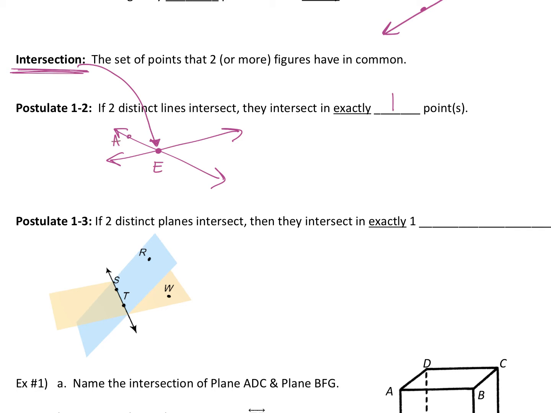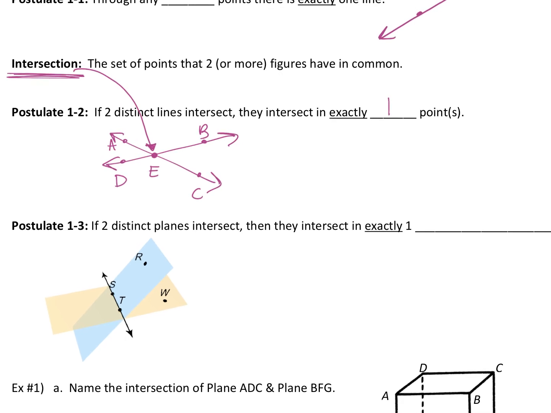Okay, so if this is A and B and C and D, we would say line AC. What's another way you could name line AC? CA, AE, EA, right? They're all the same line. Line AC. Can you name the other line for me?